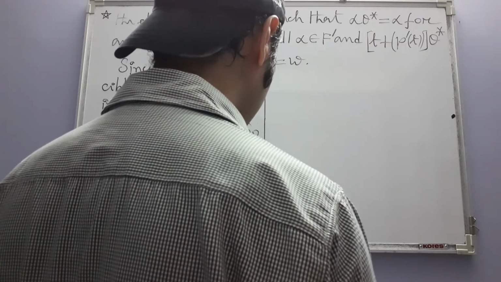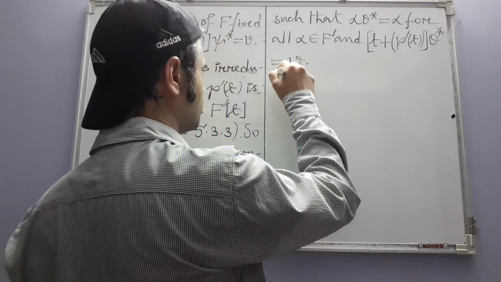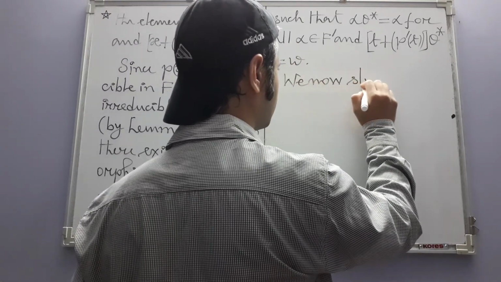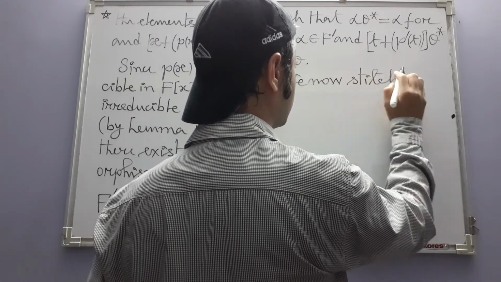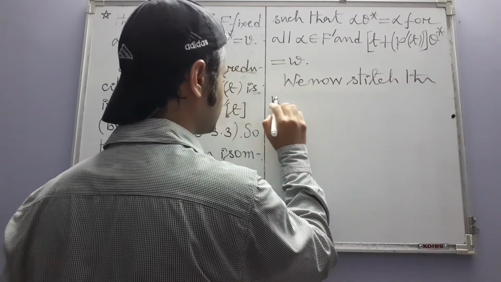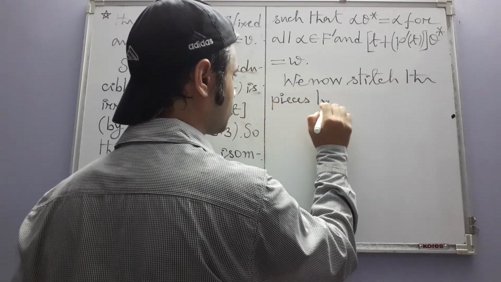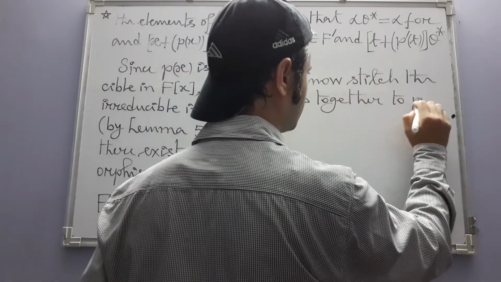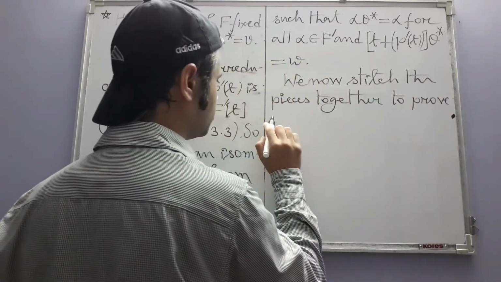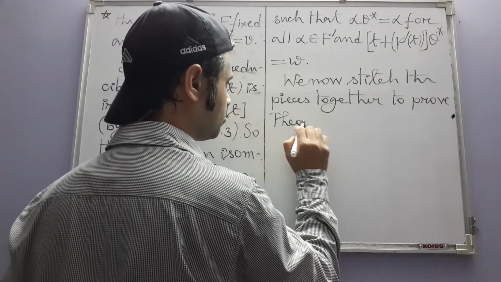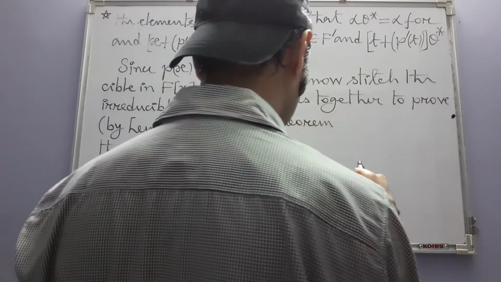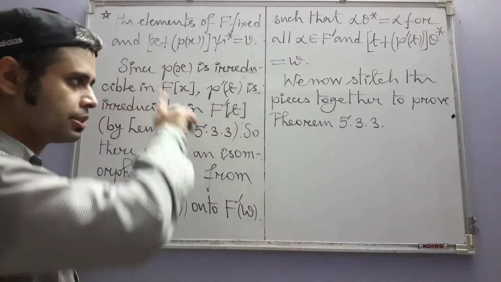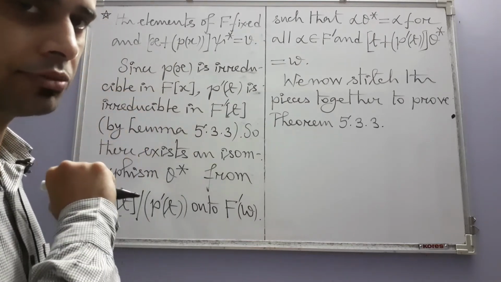We now stitch the pieces together, to prove our theorem, that is 5.3.3. And this is the point where we will use that lemma that we proved in the previous video.